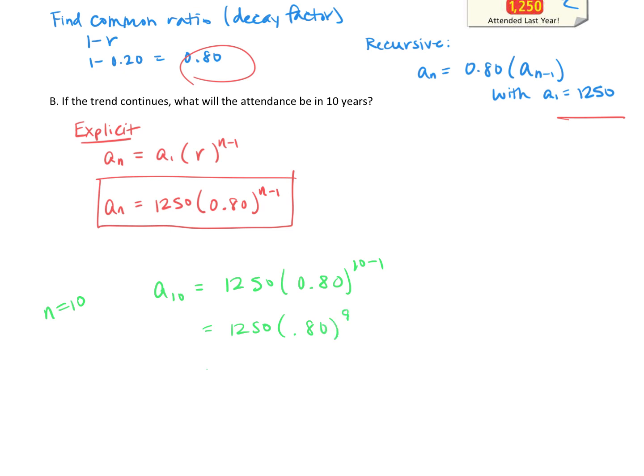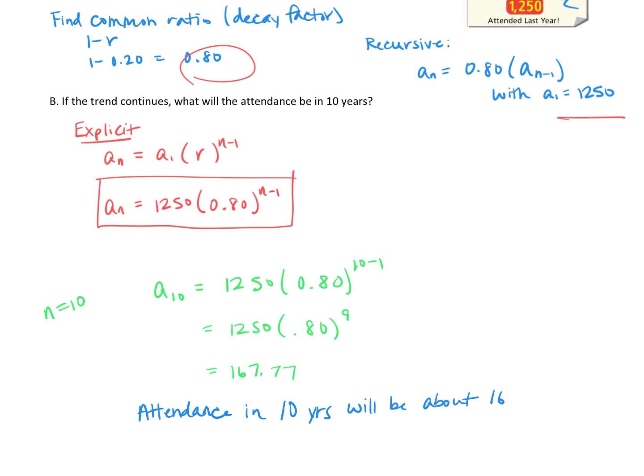Then we grab our calculator and we use all those parentheses, and we should get 167.77. So to answer the question, put it back in the context of what we were doing, the attendance in 10 years will be about 168.